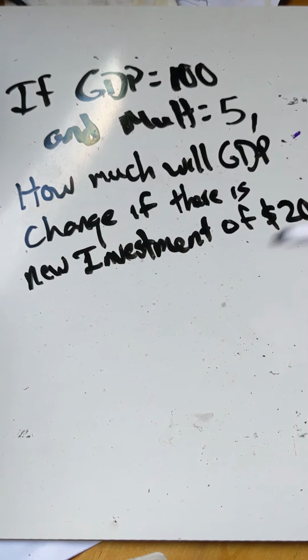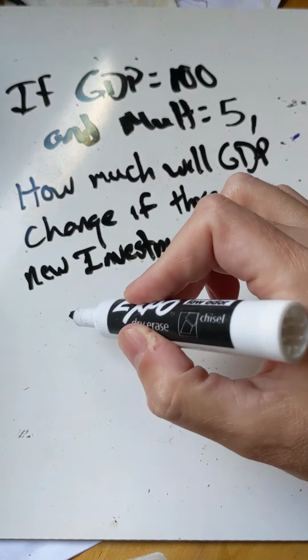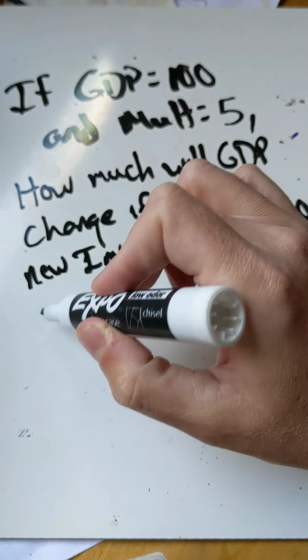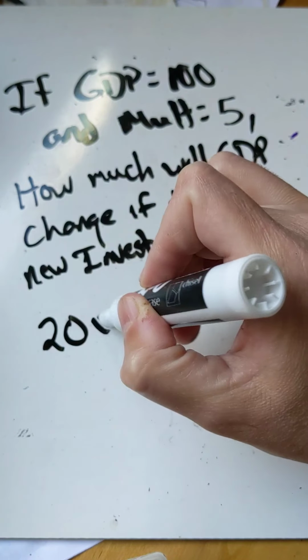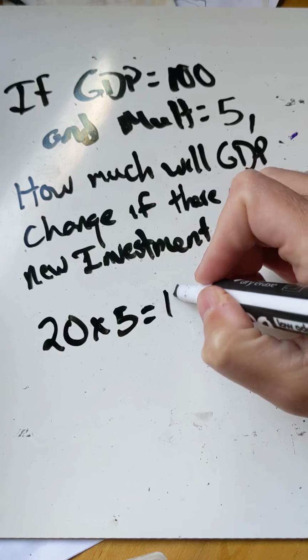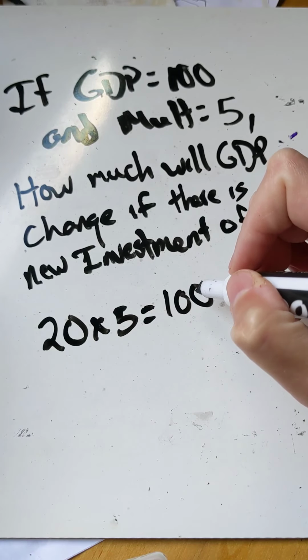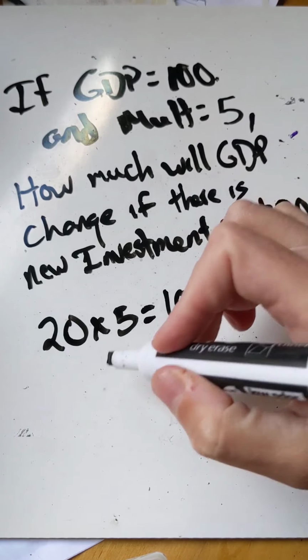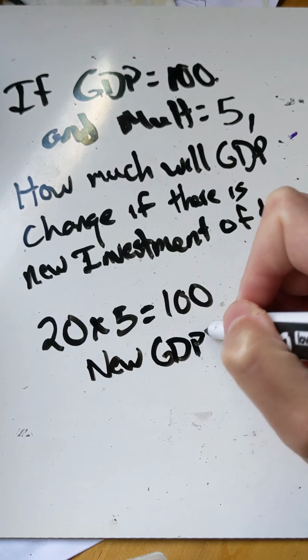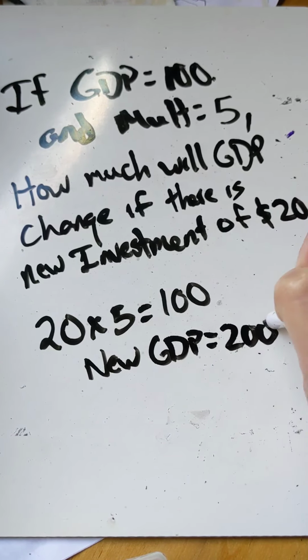So what you'd want to do is just plug it into our equation. Change in spending, so that's $20, times a multiplier of 5 equals $100 change in GDP. And if GDP was 100 before, new GDP would be 200. It's just like that.